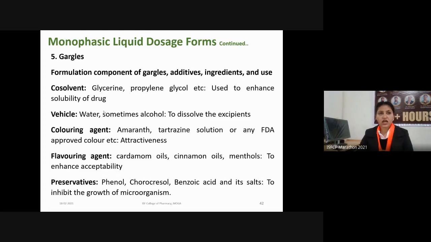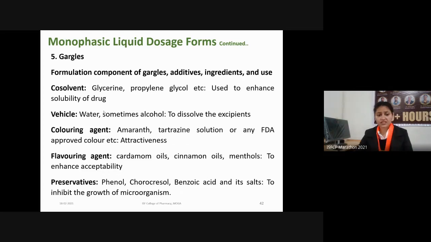Coloring agents, amaranth, tartrazine solutions, or any other FDA approved color can be used in the gargles to improve their attractiveness. Flavoring agents like cardamom oils, cinnamon oils, menthols can be used to enhance acceptability.